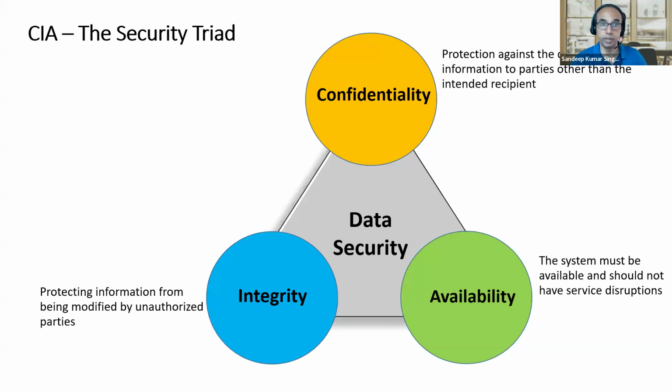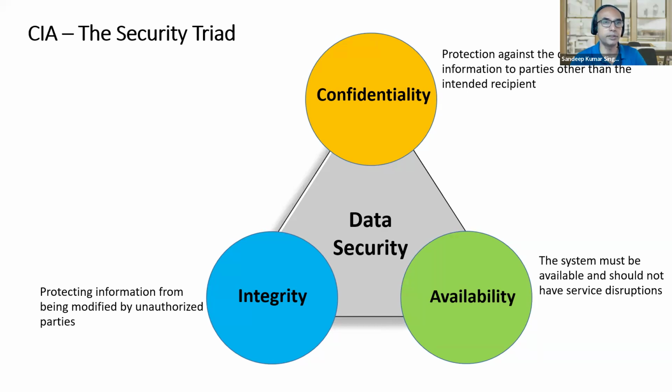Integrity is that whatever is your data, you should be allowed to modify it if the system or the software permits. But anybody else being able to modify your data is a problem. For example, on any e-commerce website, we all have our addresses saved. If I'm able to tweak somebody else's address, then that's a problem. If I'm able to do it for my account, that's perfectly fine.